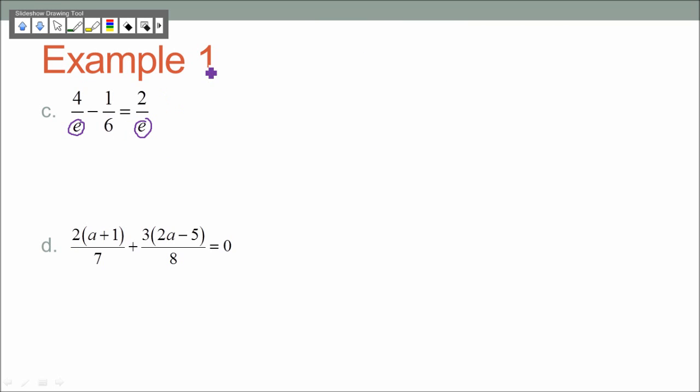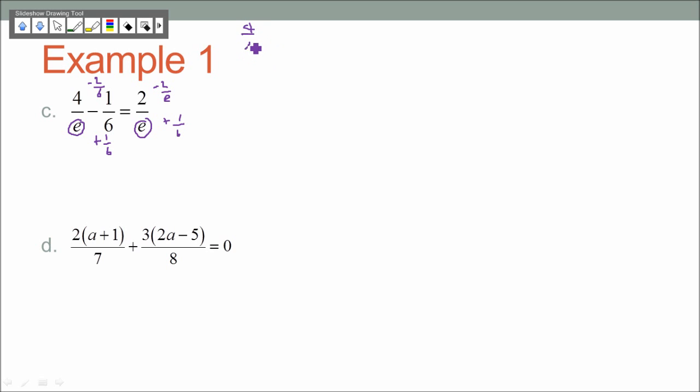So to do that, what we're going to do is simultaneously add 1/6 to both sides, so we move it from the left to the right, but what we're also going to do is subtract minus 2 over e from one side and minus it from the other side. So that moves the 2 over e from the right to the left, and adding 1/6 is going to move that from the right to the left, and we're going to do that in one step.